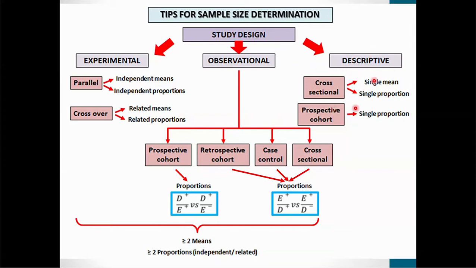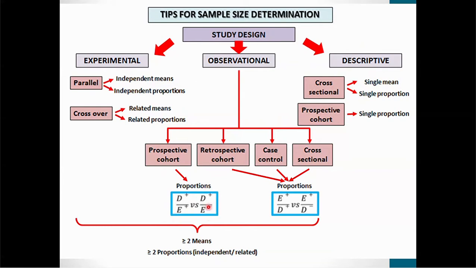Then if we go to observational study, you have learned already four common ones: prospective cohort, retrospective cohort, case control, and cross-sectional. In prospective cohort, we are interested in the exposure on the disease, so you can see a proportion of disease among the exposed group versus the proportion of disease among the unexposed group.